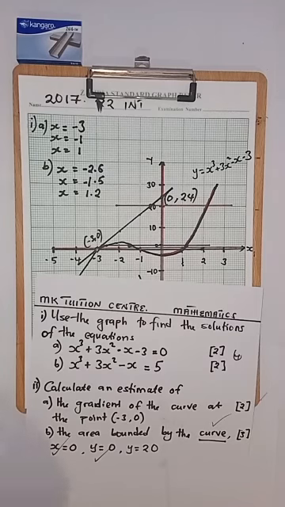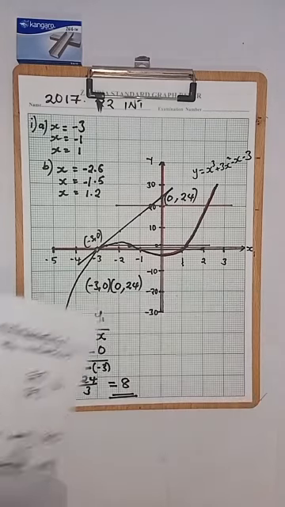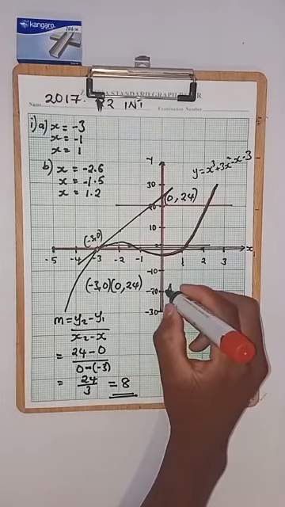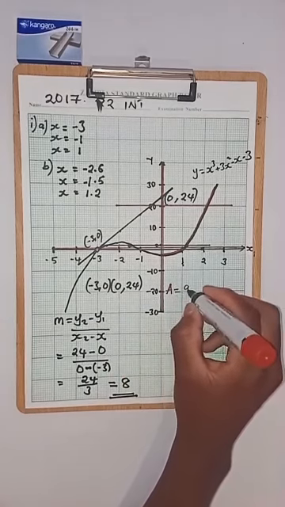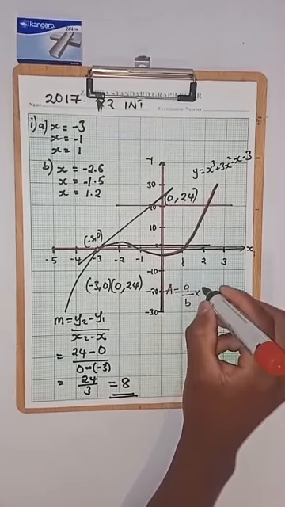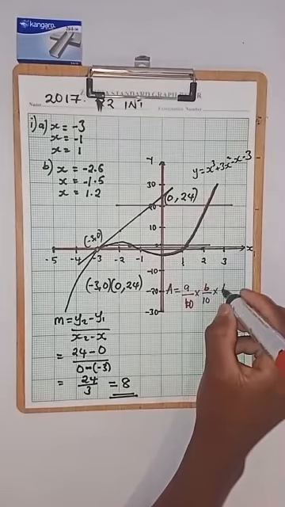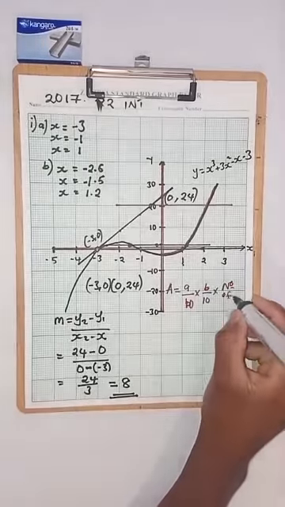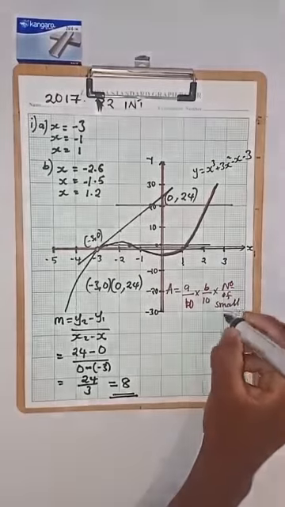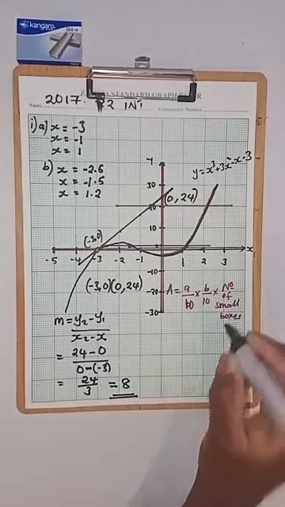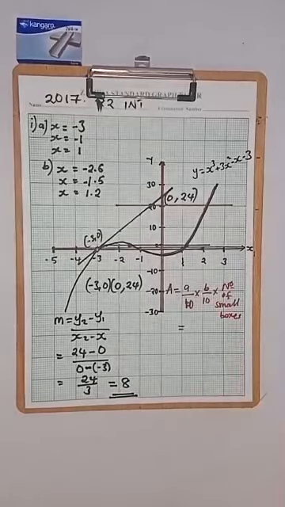Now look at this. Area has a formula. Area is equals to a over 10 times b over 10 times number of small boxes. Now you're going to say, where can you find your a?